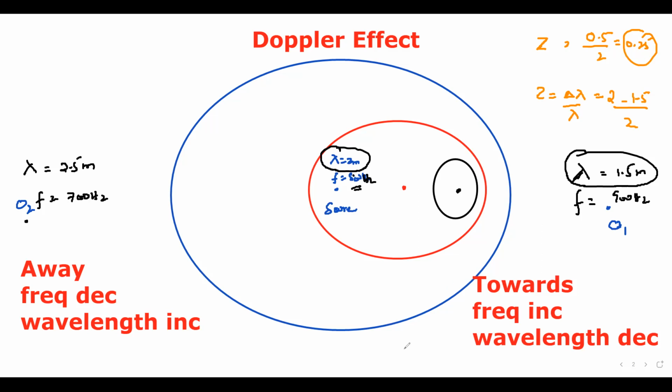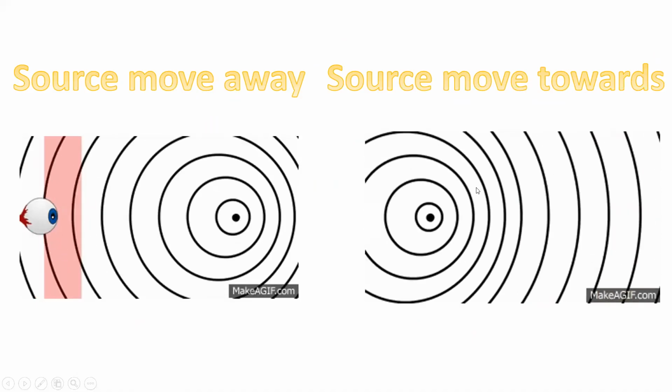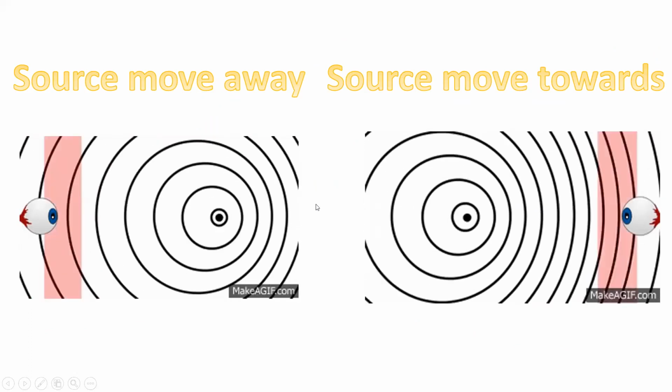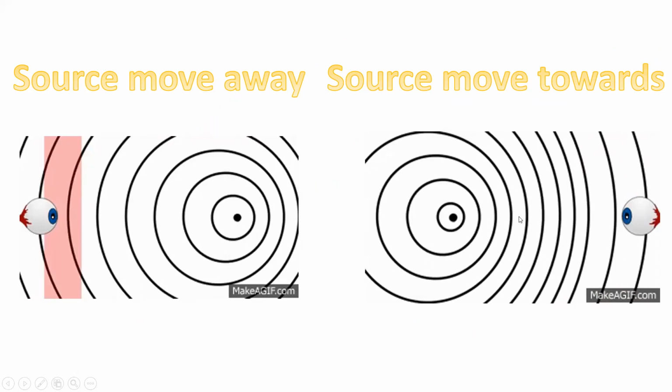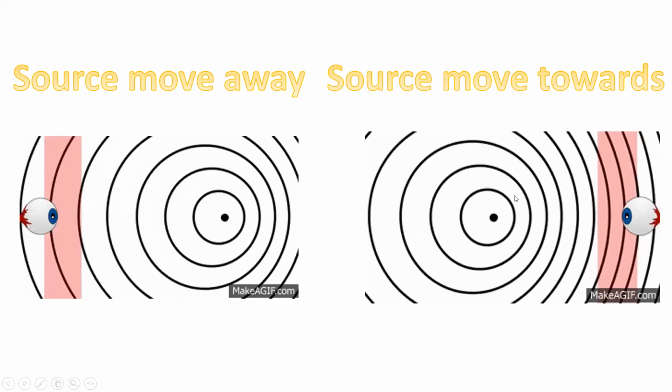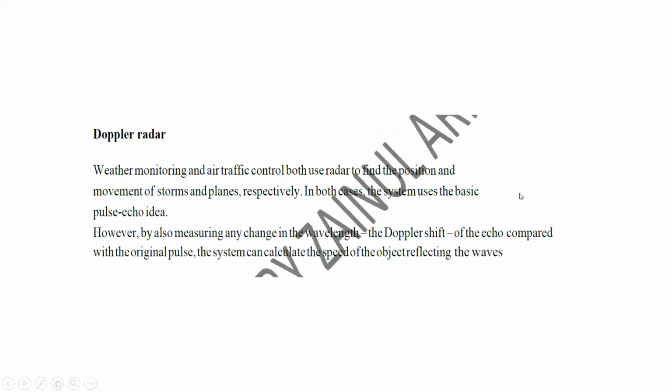All speed cameras and radars use this concept of Doppler shift to calculate the speed of an object. If the source is moving away, the wavelength appears to increase, and if the source is moving towards, the wavelength received will decrease. Doppler radars are used for monitoring the weather or air traffic control.